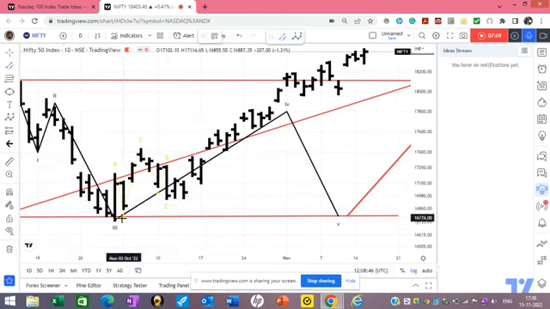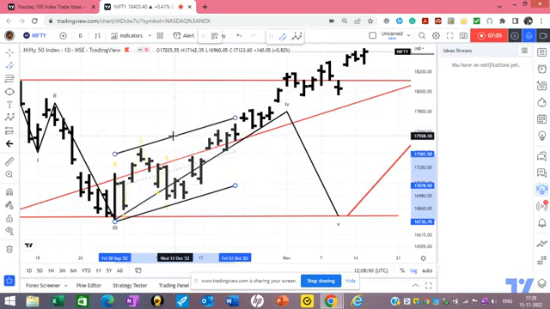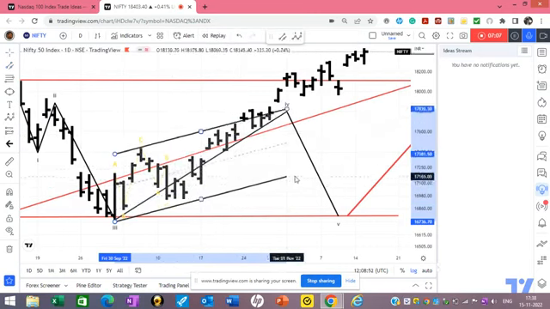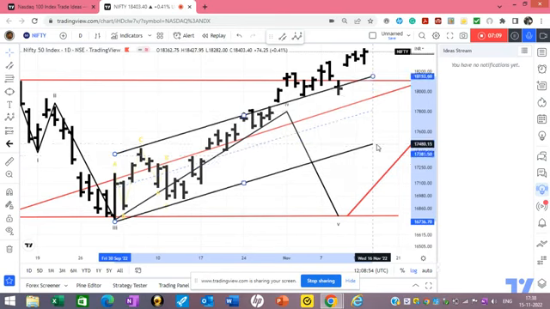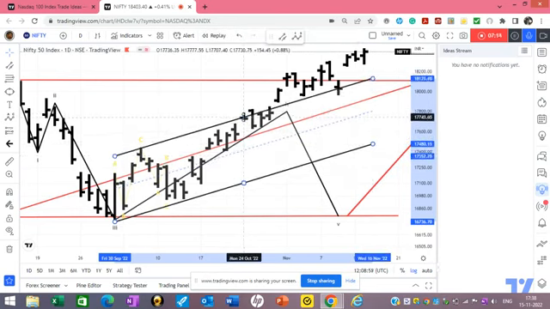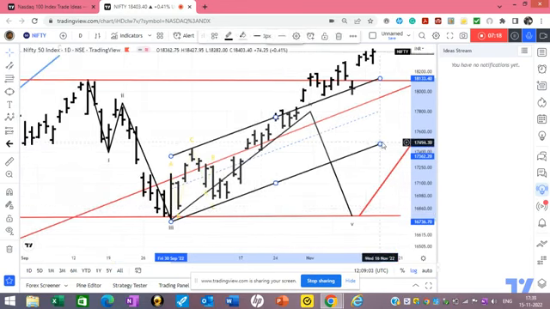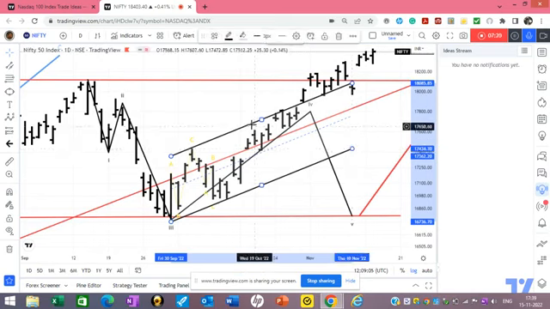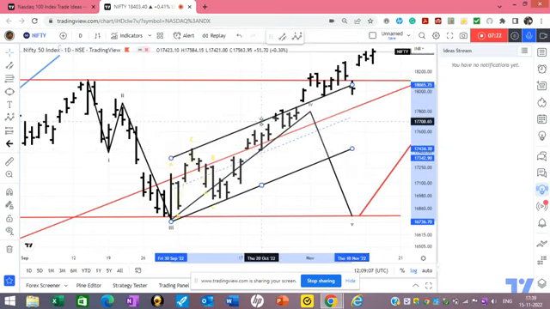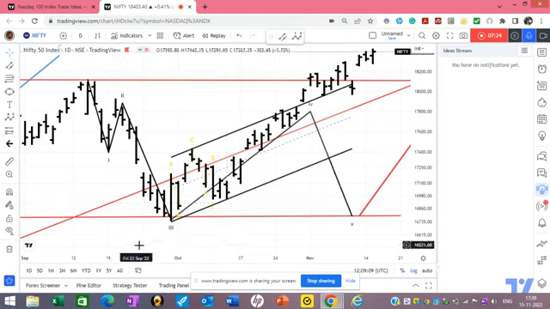So if I draw my parallel channel here and use the Kennedy channeling technique, then I can very clearly say there was a breach here, third wave, fourth wave correction, and fifth wave.